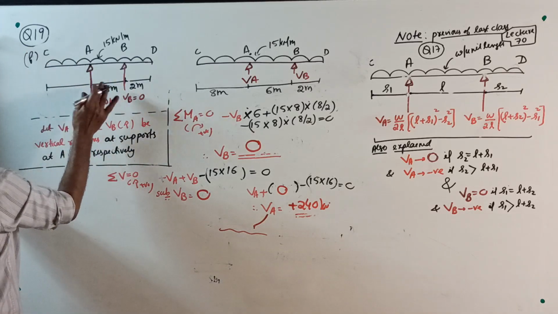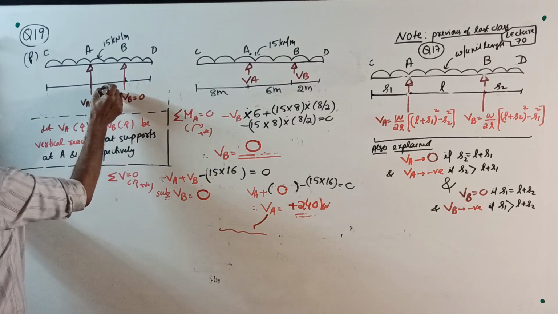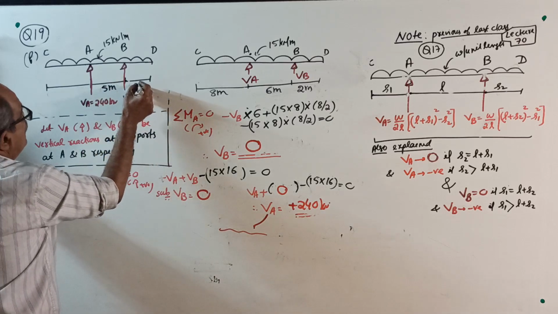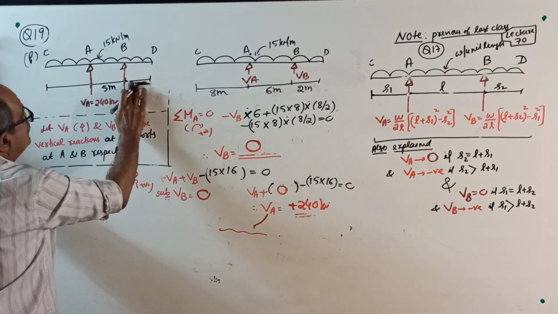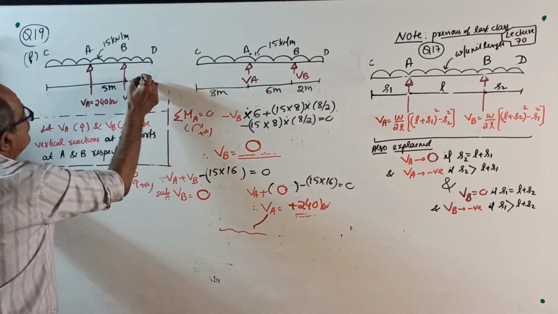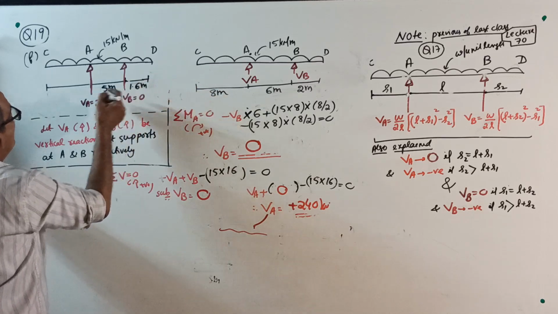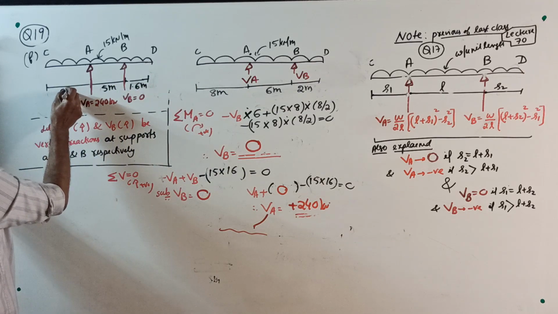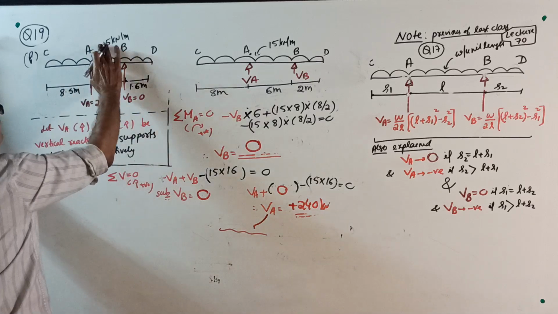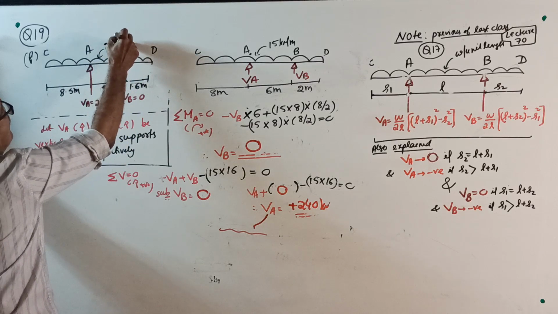Now, last question of this class, EF. I'll do one thing now. Remove distances here. 5 meter, 3 meter, 1.6 meter. This is 8.5 meter and UDL is 20 kilonewton per meter.